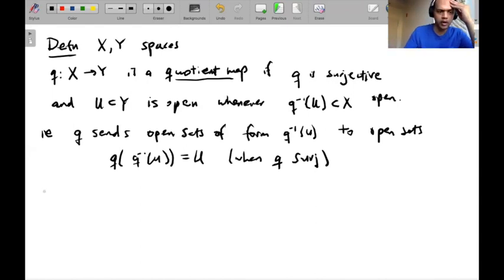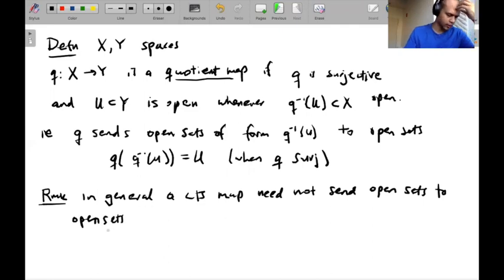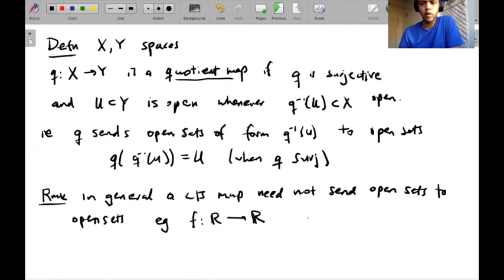So a remark is that in general, a continuous map need not send open sets to open sets. For example, consider the function from R to R, f of x is x squared.